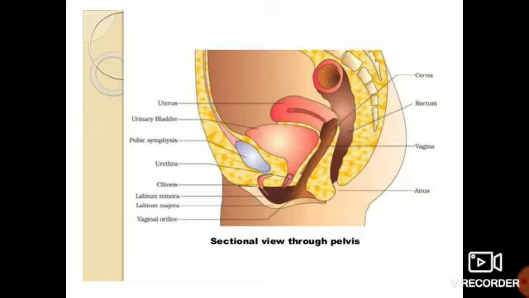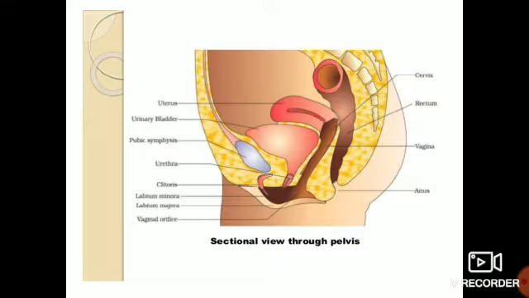Then clitoris, you will be finding a small, very important structure over here, which is lying below the pubic symphysis. Then labia minora, labia majora, these are the lip-like structures. Then the vaginal opening, which is called the vaginal orifice. Now this is the anus to pass out the fecal matter.